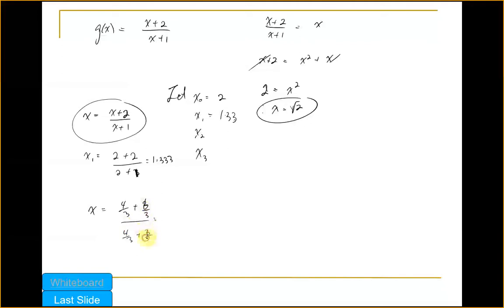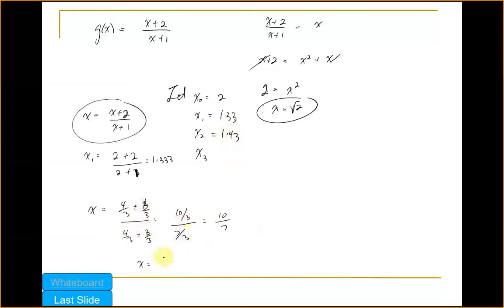This is 3/3. This is 10/3 over 7/3. 10 over 7, right? What's that? 1.43.